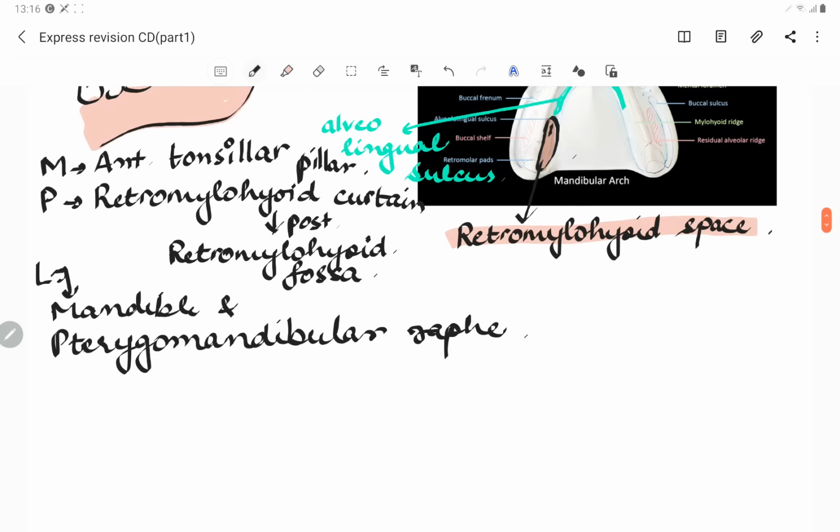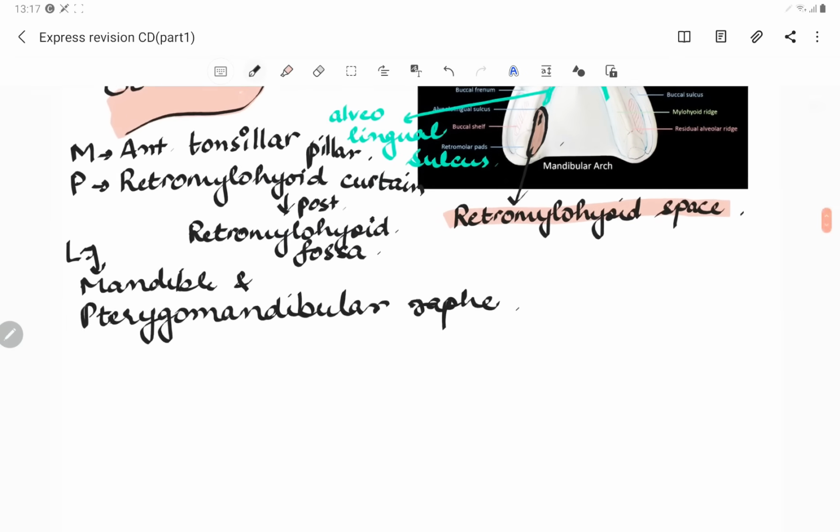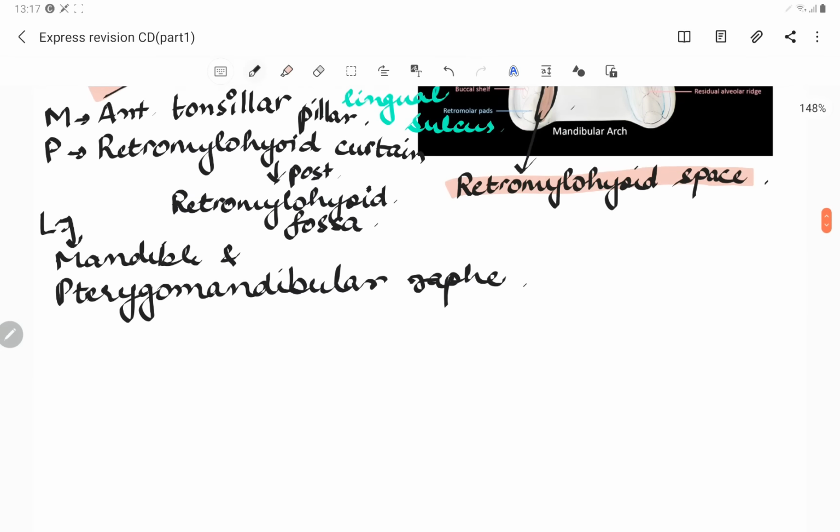Buccally is always going to be the buccinator, and this pterygomandibular raphe arises from the hamular process of the medial pterygoid and gets attached to the mylohyoid ridge.